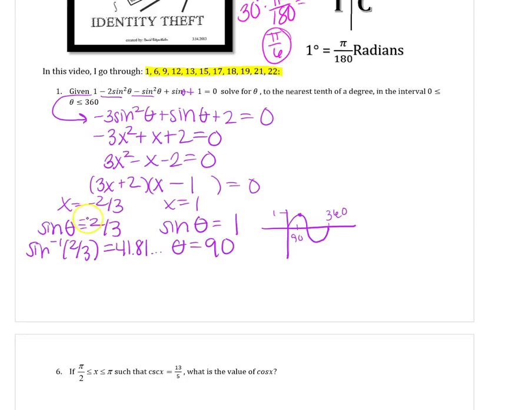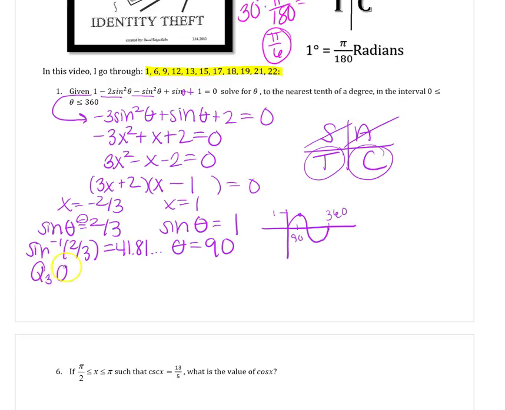Now, if sine is negative, that's where you think of your ASTC chart. Sine is positive in quadrants 1 and 2, so those are out. Therefore, you're looking for the angle in quadrants 3 and quadrant 4.